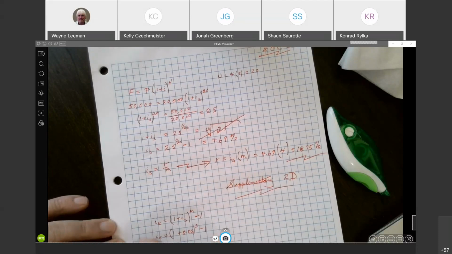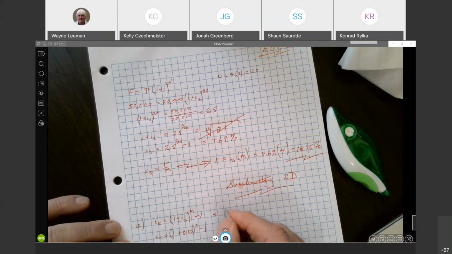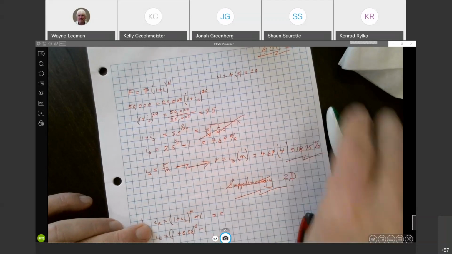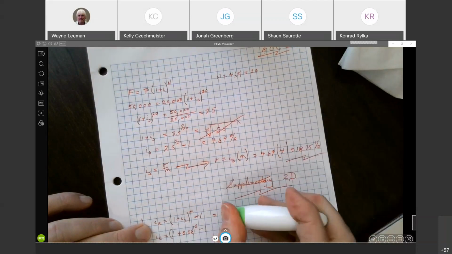So this here will be part A. I guess there's an A and a B in this question, so I'm going to label them and keep them separate. This tells us that IE is what we're looking for, but it's the effective interest rate for 3 years, not 1 year.